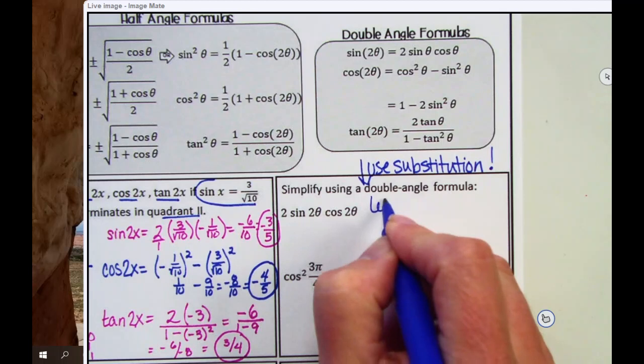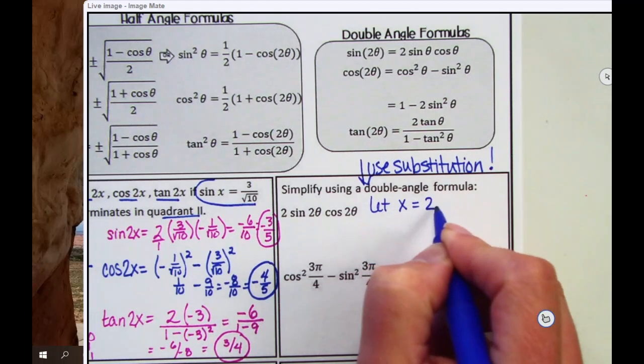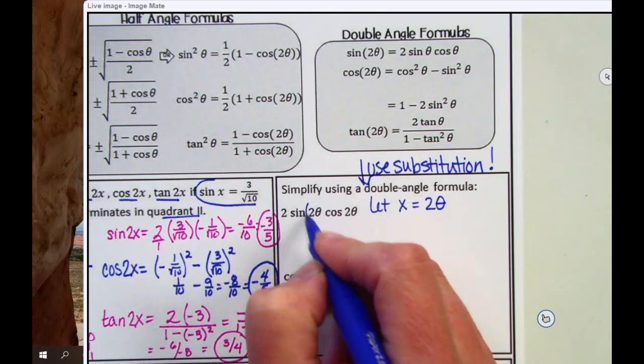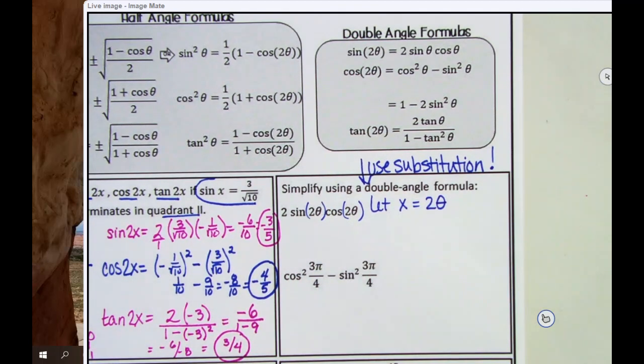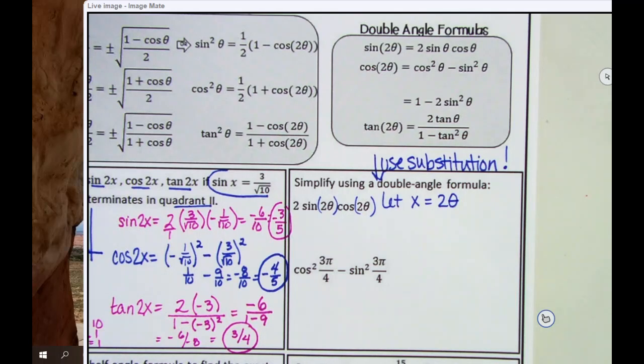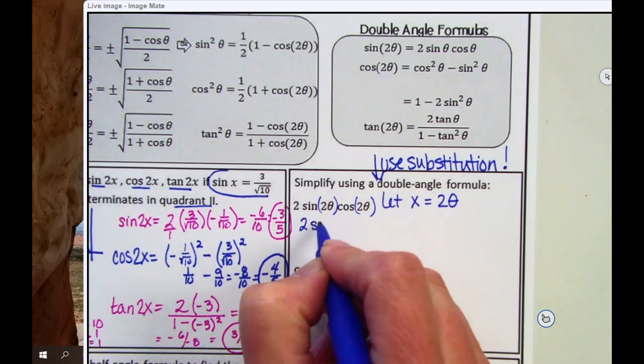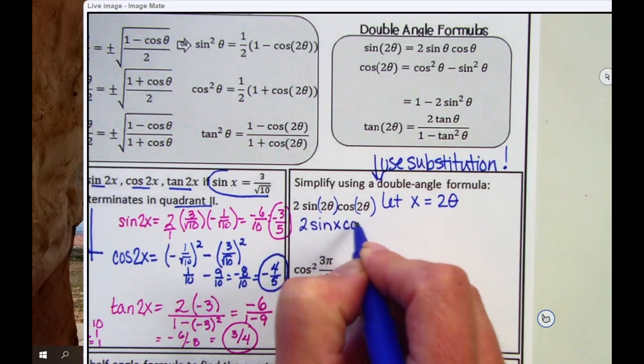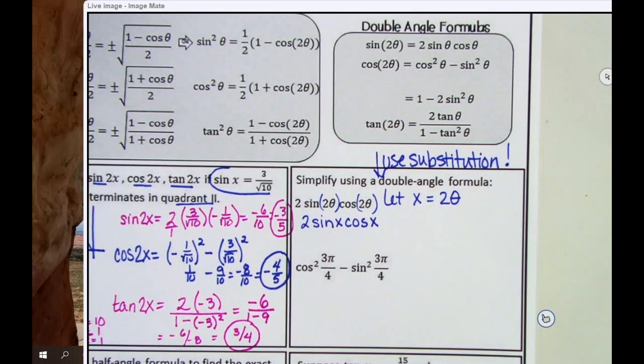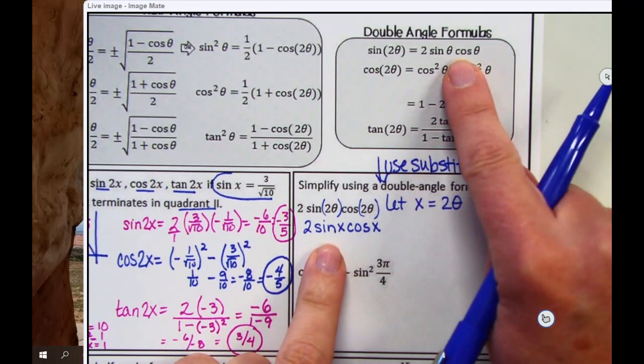So if we let x equal this guy right here, 2 theta, and then we're going to rewrite. So now we can say 2 sine of x cosine of x. Any questions with how we got there? All right, now doesn't that look like this guy up here?